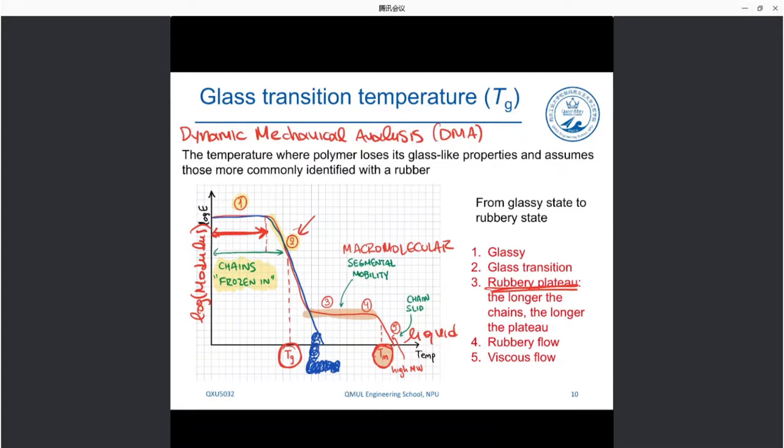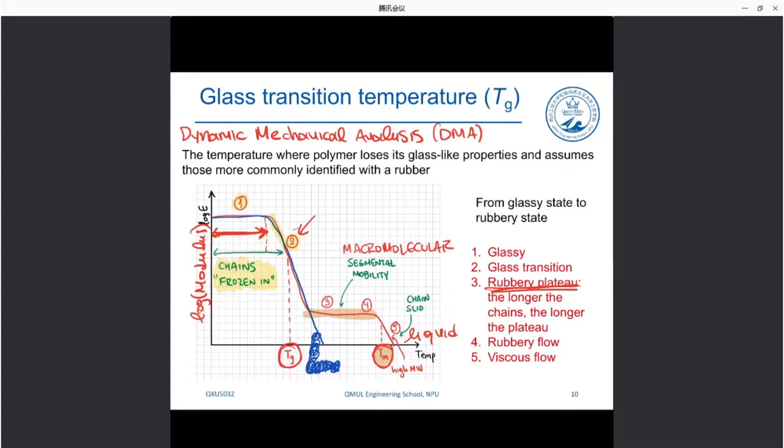And this region here, shown by number 3, is called the rubbery plateau, okay, because the polymer in this case displays rubbery characteristics, and the length of this plateau depends on when the chains will be completely disentangled from each other, okay? They have no points where they have kind of physical crosslinks with each other.